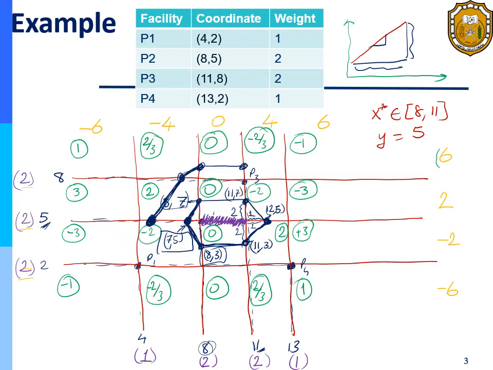It will go into this one, and then it will enter into the other grid in which the slope is negative 2. It will go to here, and then positive 2. It will go to here, and then 2 over 3, and then 0, and then negative 2 over 3, and then negative 2, and enclose the loop.